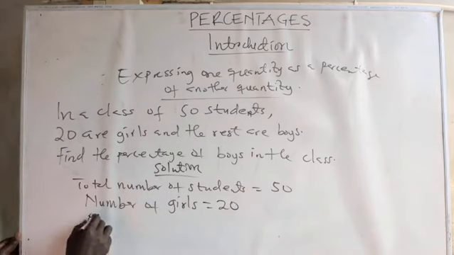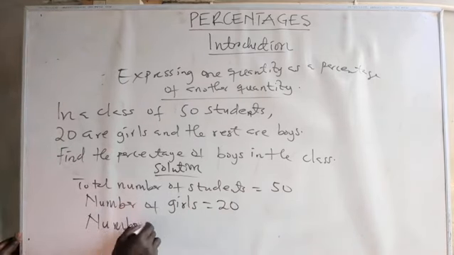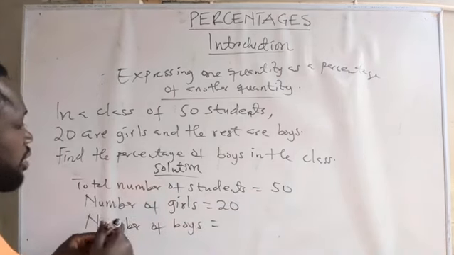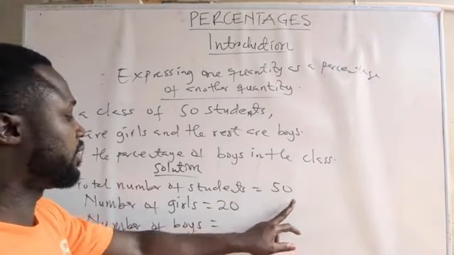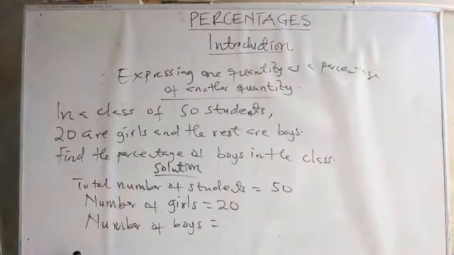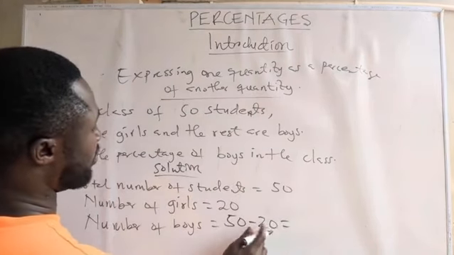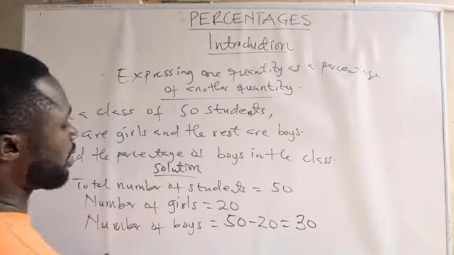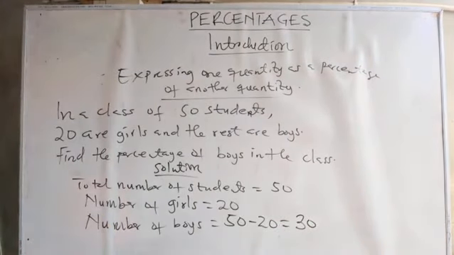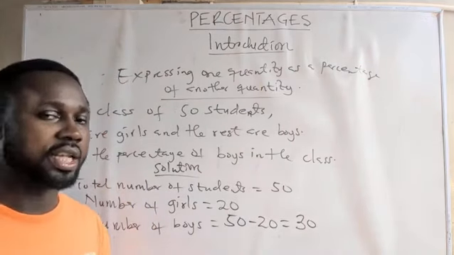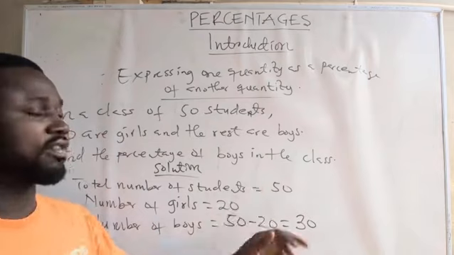If the rest are boys, then the number of boys will be the total number of students, 50, minus the girls, 20. 50 minus 20 will give us 30. So there are 30 boys in the class and 20 girls also in the class. And 30 plus 20 will give us 50.